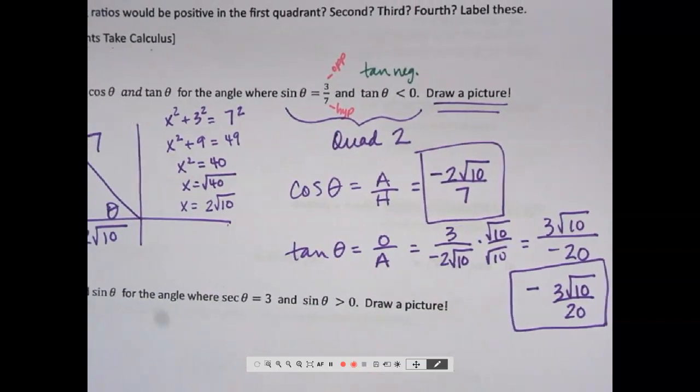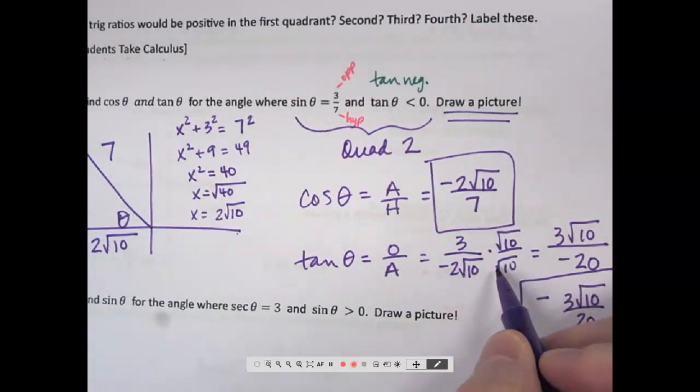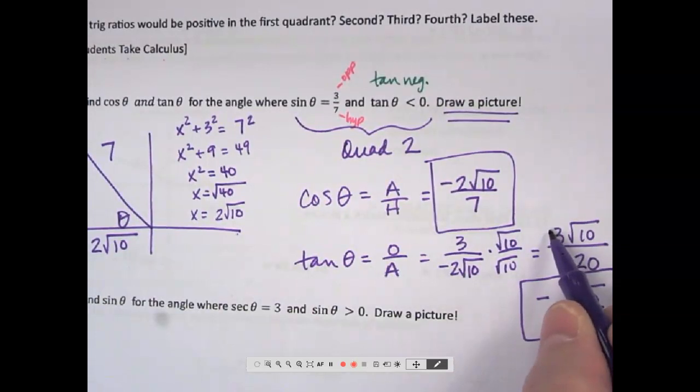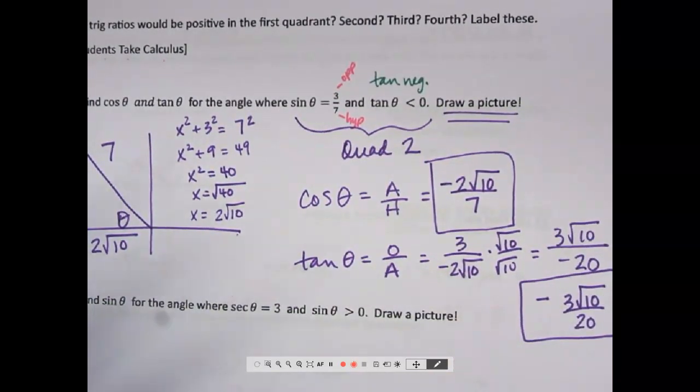Who has a question? That's a lot of stuff in that little problem. You could. So if I did a negative and a negative, then it would move the negative here, but the bottom would become positive. And I would still only have one negative. So yes, that's a perfectly legitimate option.